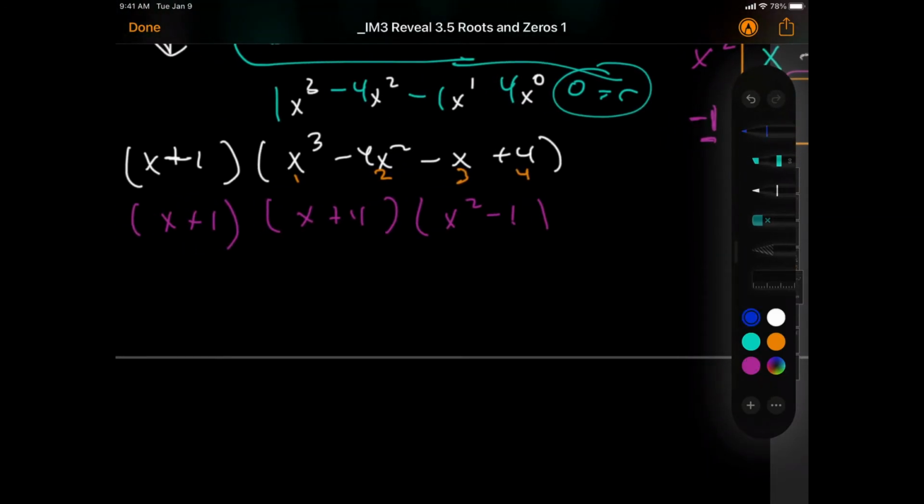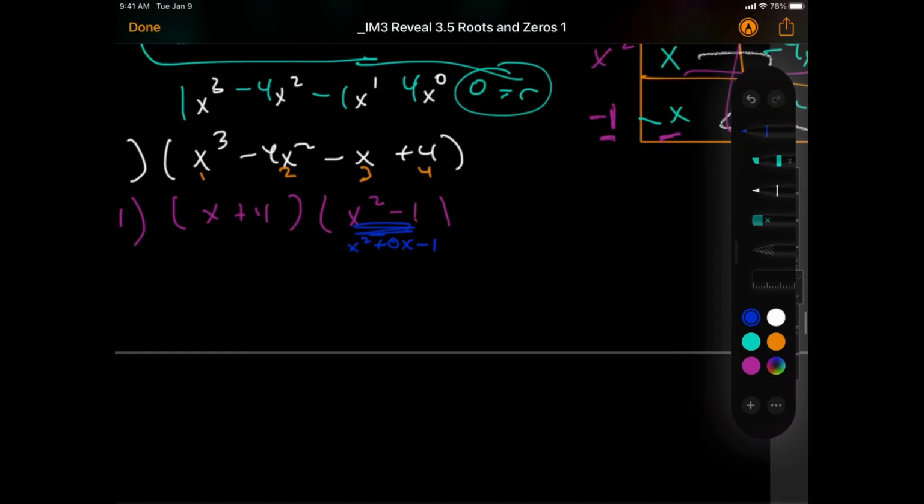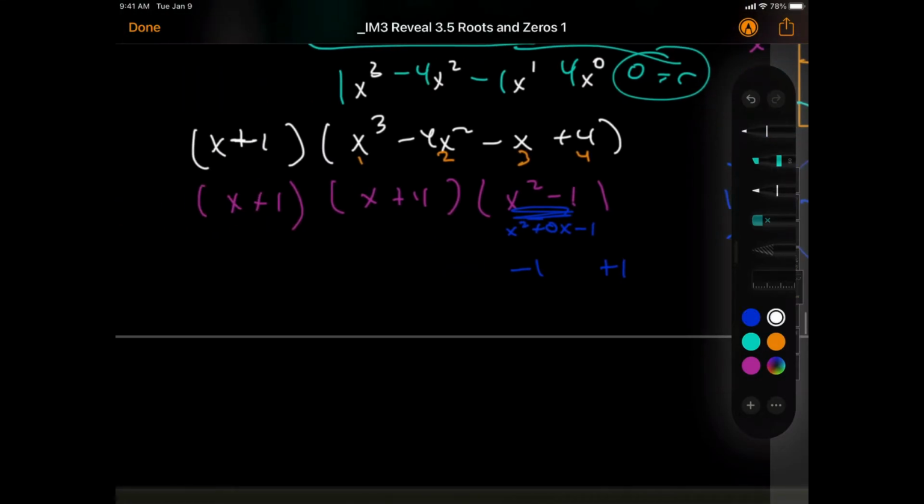And then you realize you can factor this one again. Remember, that's x squared plus 0x minus 1. So a times c is -1, b value is 0, and you get 1, -1. So we have this now.